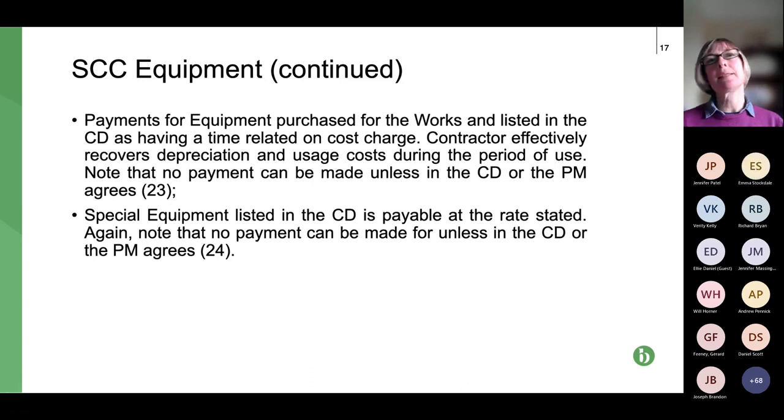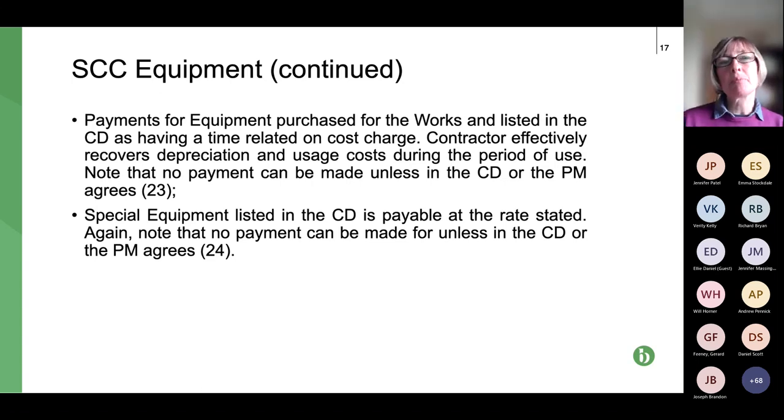And the logic, I guess, is you buy a piece of equipment for a project, you use it for the project, and then you have the ability to sell it. So your loss or the cost to your business of using that piece of equipment is effectively what you paid for it, less what you can recover by selling it secondhand once you've finished using it.